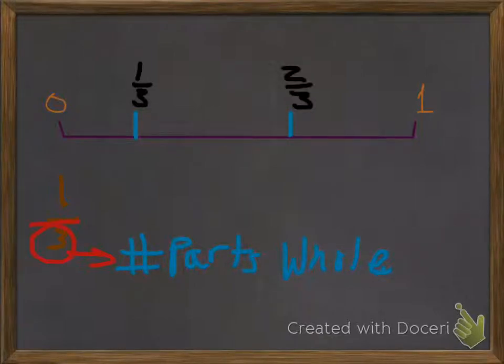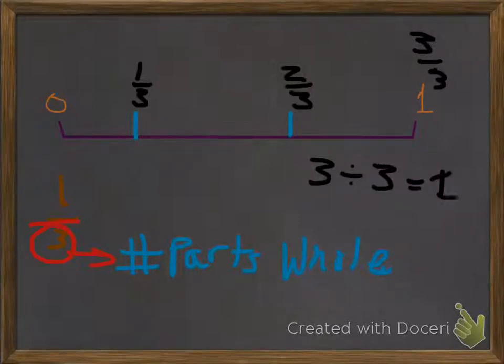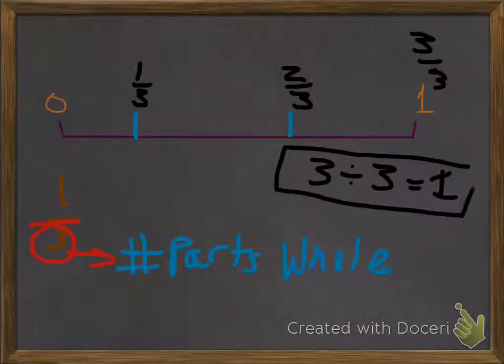Now, do not misunderstand that because you have a 1, there's no 3/3. Well, 3/3, we know that 3 divided by 3 is equivalent to 1. So it's important that you know that this is still your 1, even though it's 3/3 or 3 out of 3.